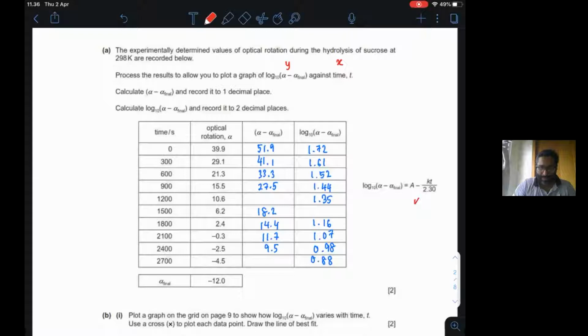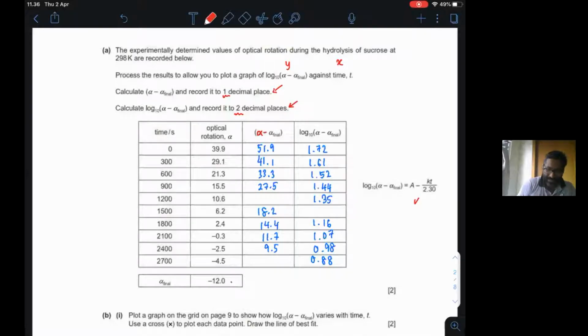Then they ask you to calculate and record it to 1 decimal place. And this one, they want you to record to 2 decimal places. So take note, it must be according to the decimal places that they are asking. Now, you have this optical rotation, and they want you to fill up this data, minus optical rotation final.